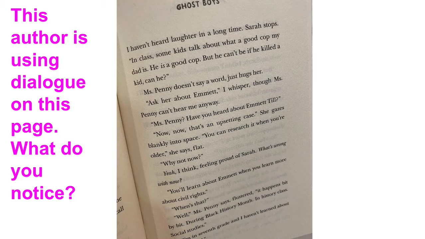We also noticed, and I was so glad that you guys noticed this, that every time someone new speaks, they start a new paragraph, right? So the author will go to the next line and start a new paragraph every time there's a new character speaking. And guess what? I was so glad that you guys noticed both those things because these are rules that we need to follow when we use dialogue in our narrative stories.